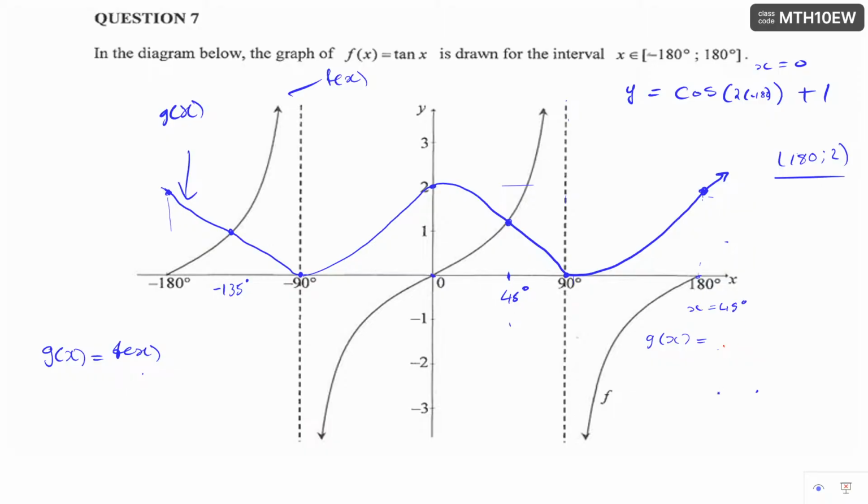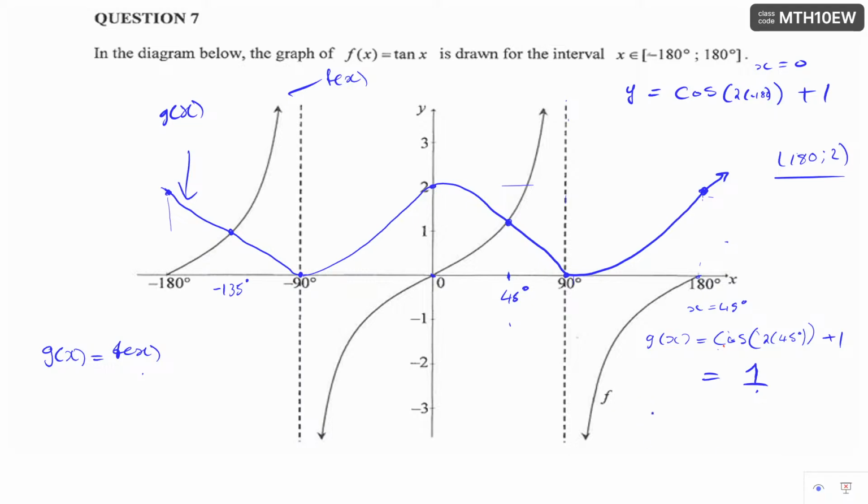I want to search if both graphs are going to give me the same value. So is what, cos 2(45 degrees) plus 1. What is the answer? Cos 2(45 degrees) plus 1. So it's going to give me 1.